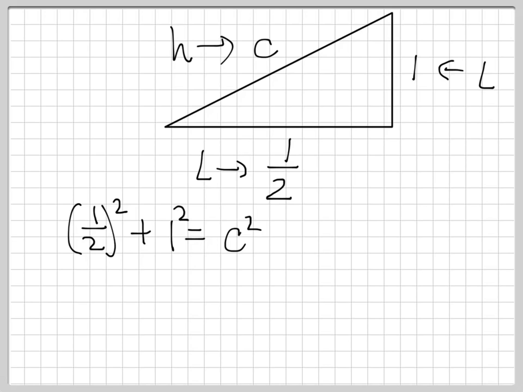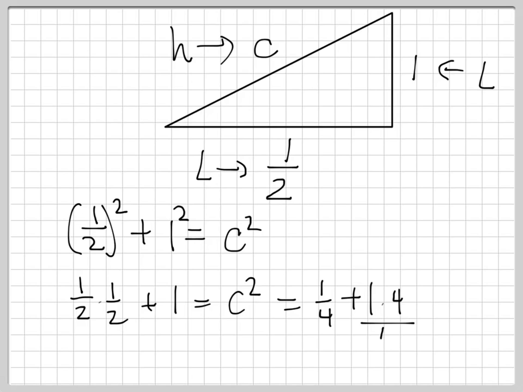When I square a half, that's a half times a half. 1 squared is 1. And a half times a half is a quarter. And when we try to add 1 to a quarter, we need to get it over 4, and so we get 5/4.